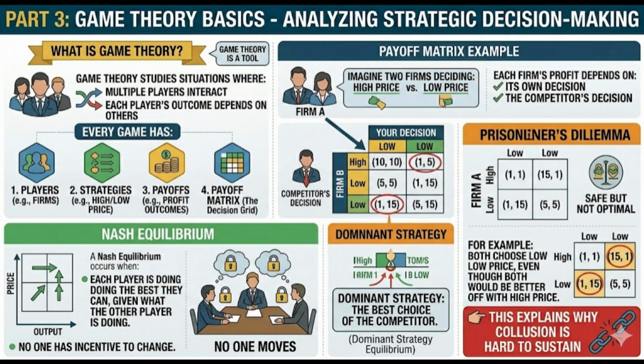The problem is called the prisoner's dilemma. Often firms end up in a situation where both choose a strategy that's safe but not optimal. For example, both firms choose low price, even though both would be better off with high price. This explains why collusion is hard to sustain.